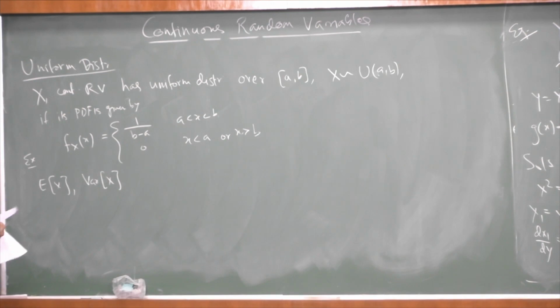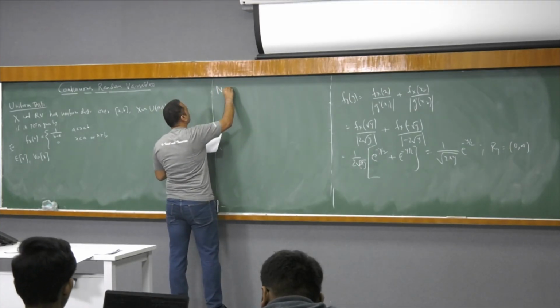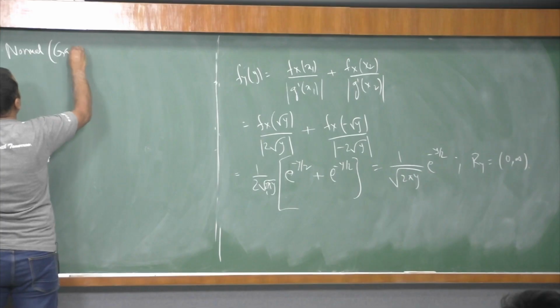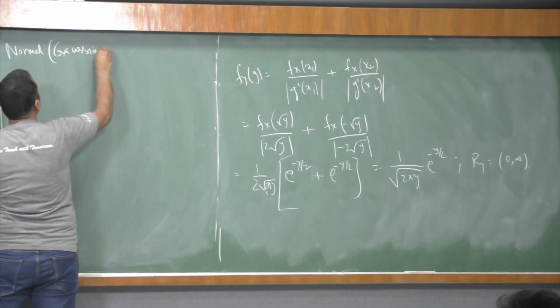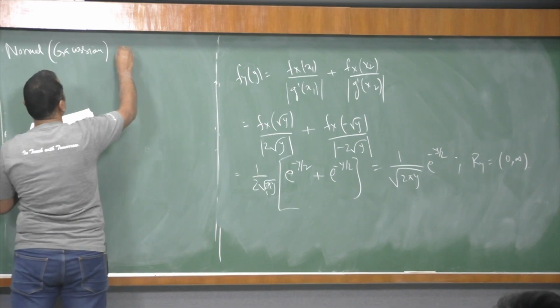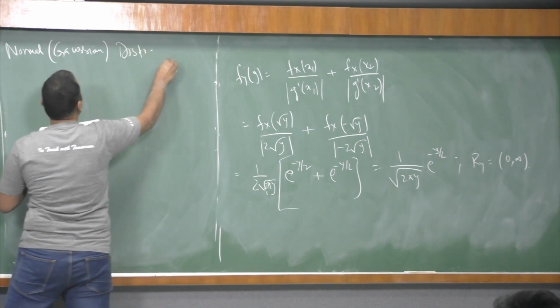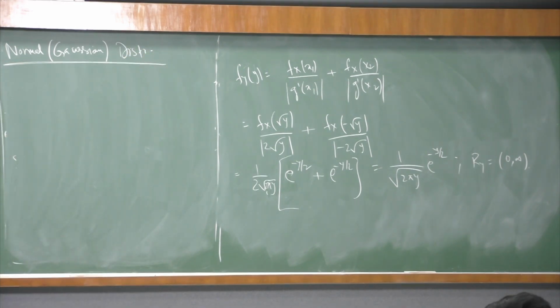Okay, now let us go to normal distribution, normal or Gaussian. For mathematicians it is Gaussian, for engineers it is normal. Gauss is the name of a mathematician, okay, German.